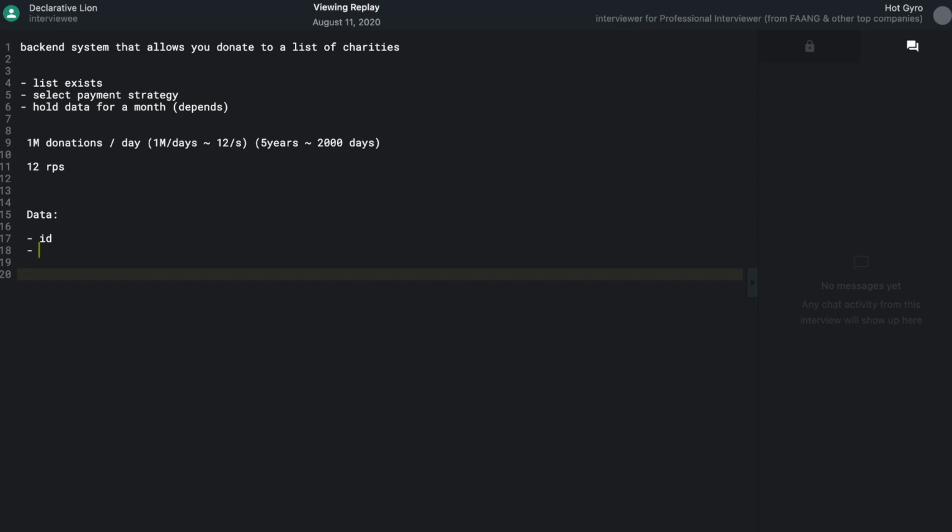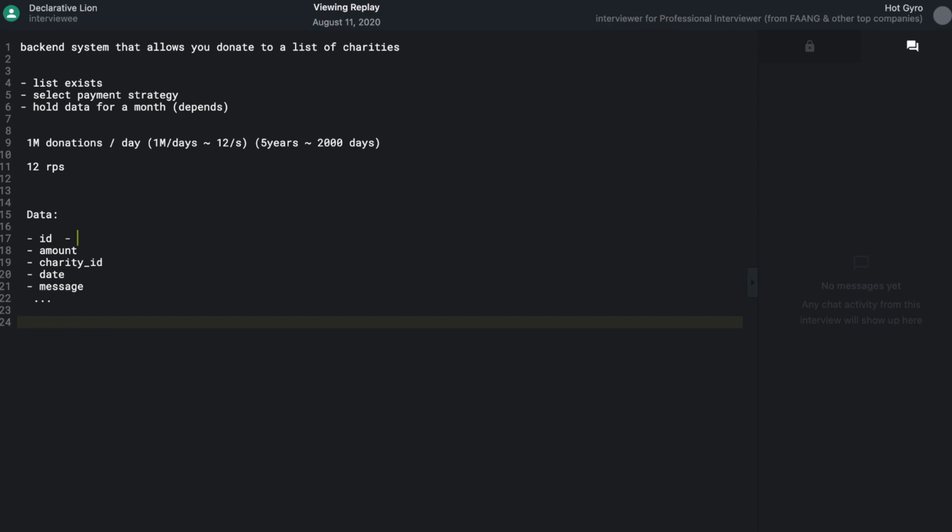Then the amount of money, let's call it amount. Then the charity ID to which he or she donated, probably the date, maybe some kind of message and other metadata, but the most crucial for our part is here.